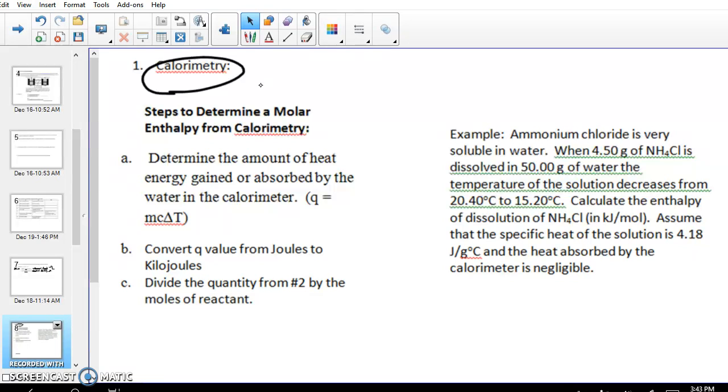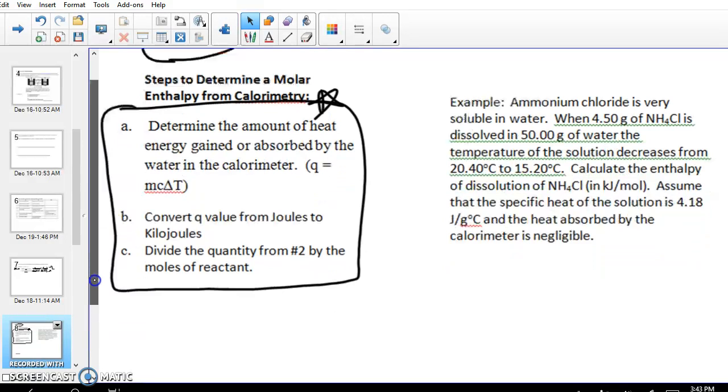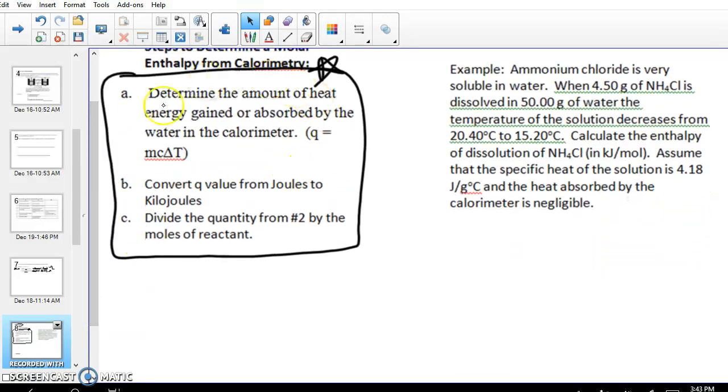Typically, these calorimetry problems are going to examine a salt dissolving in water. So to use my coffee cup calorimetry example and use that data to figure out a delta H, we're going to employ 3 steps. These are the same 3 steps that were outlined in the video. So I'm going to use these 3 steps as I read through the example and solve.